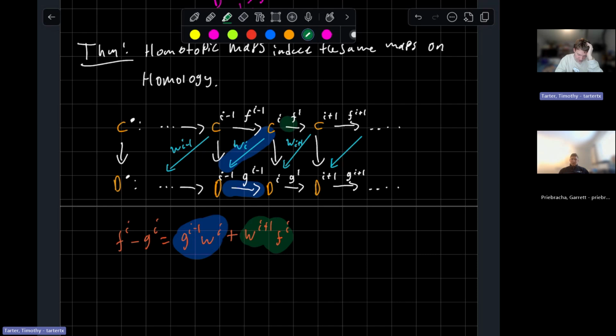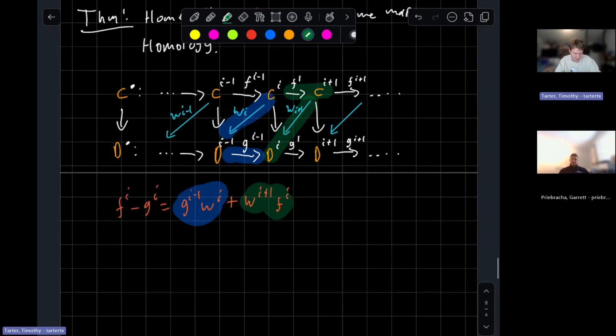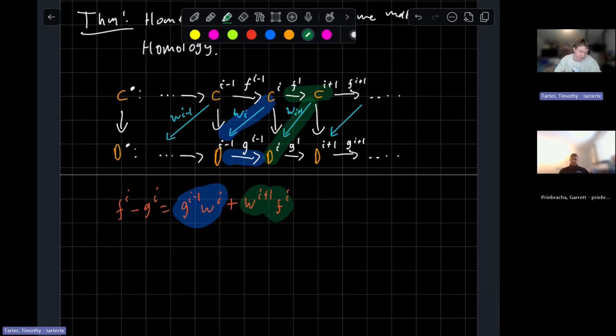But I think this looks right. Like there's that, and then there's that. And since I got this definition from chain complexes on Google, I'm going to say that my mathematical intuition beats Google AI summary of Math Stack Exchange.